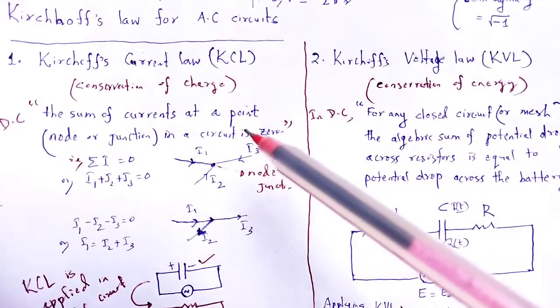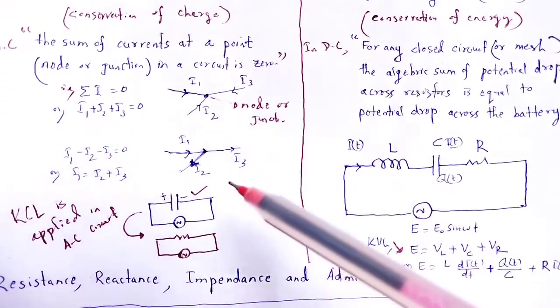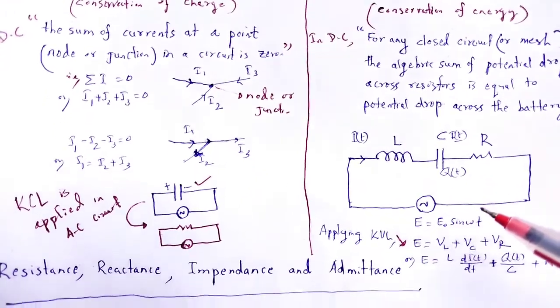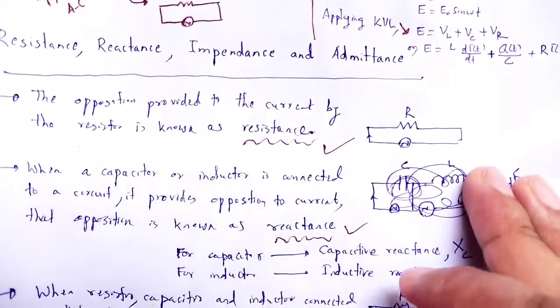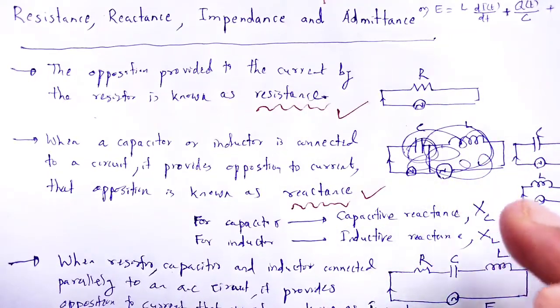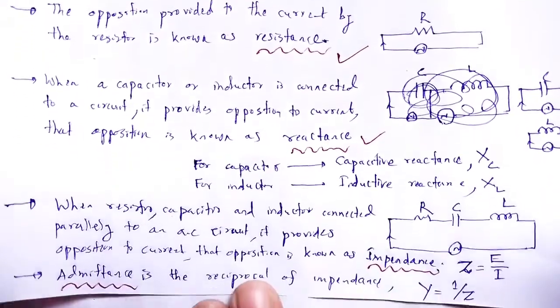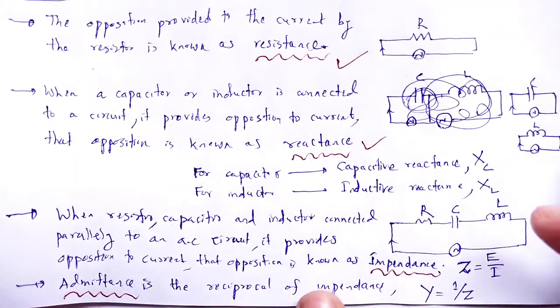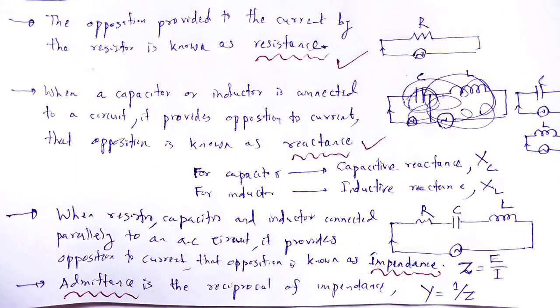That is the reason we saw how Kirchhoff's current law and Kirchhoff's voltage law can be applied to an AC circuit. Then a basic idea towards resistance, reactance, impedance and admittance. So, with these useful and informative notes, let me wind up this session. Thank you.